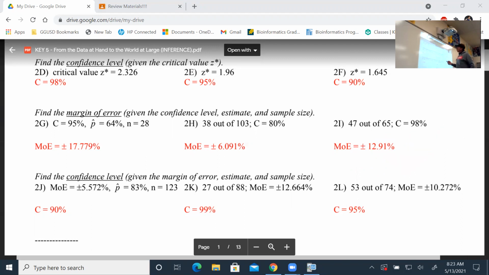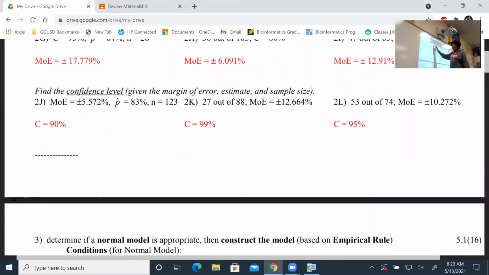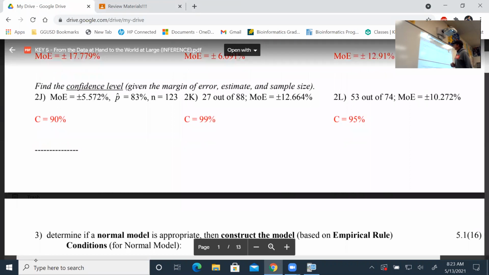Now let's go backwards here. We're going to find the confidence level given the margin of error. They're going to give us the margin of error, and let's find the confidence level.